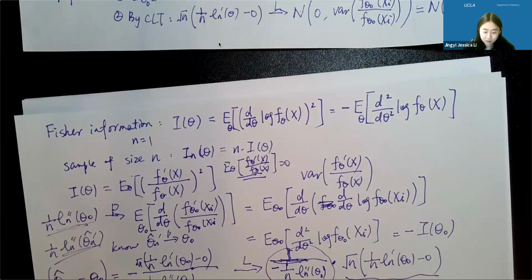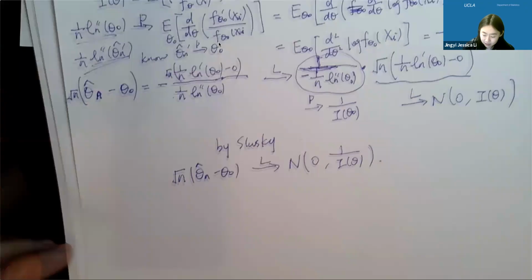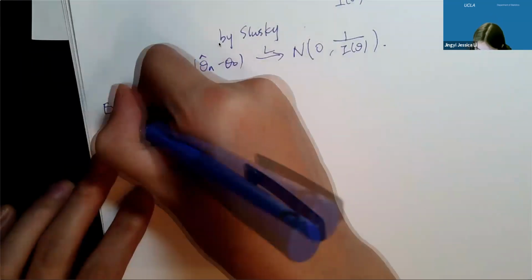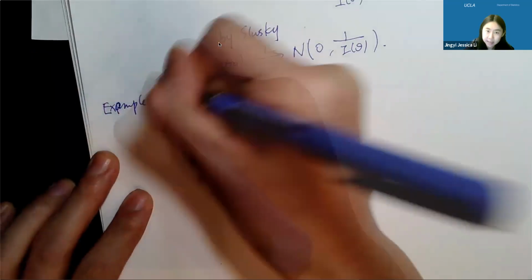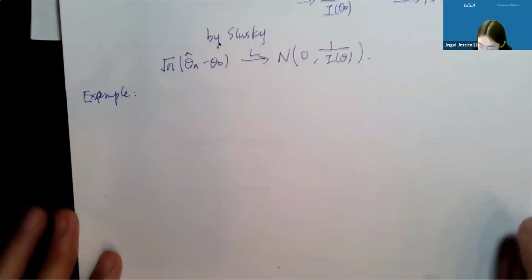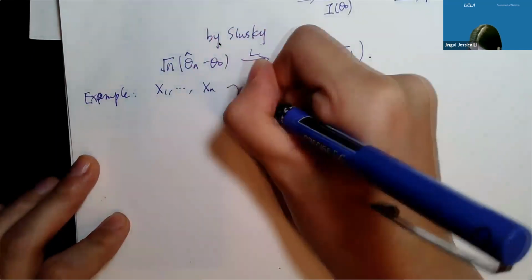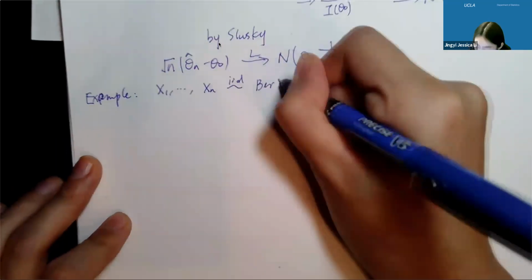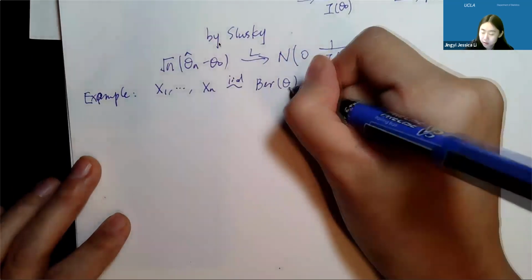Okay, so let's show a simple example. Let's say that we have x1 to xn IID from a Bernoulli distribution, the simplest distribution, with parameter theta 0 using our notation.